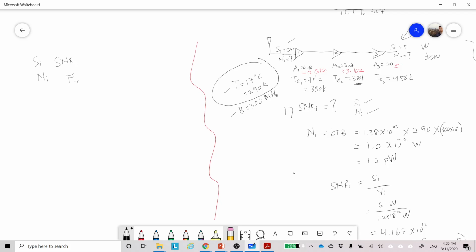Maka daripada sini actually kita dah boleh menggunakan parameter yang kita ada ni. Okey. Kalau kamu lihat F total sebenarnya bersamaan dengan SNRI dibahagikan dengan SNRO. Daripada sini saya boleh cari SNRO bersamaan dengan SNRI dibahagikan dengan F total.